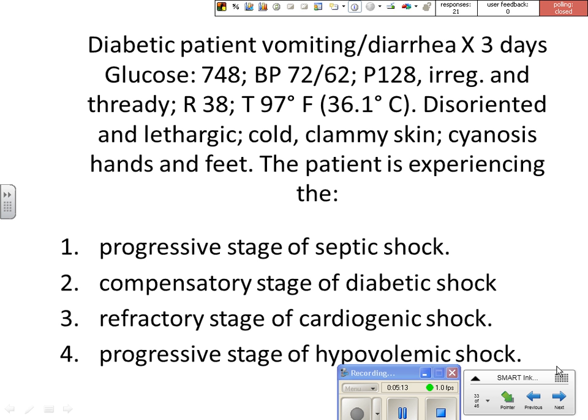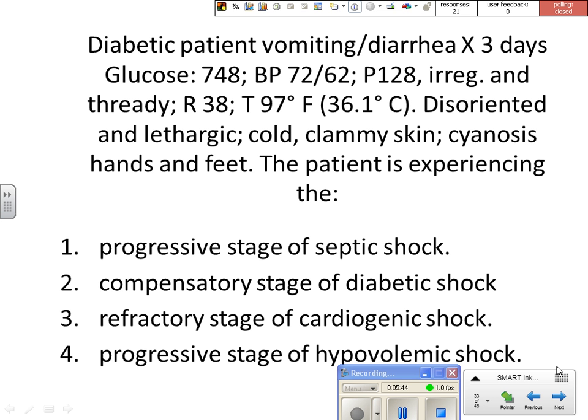So that's one way that you can answer the question, is to eliminate the types of shock that don't fit the clinical picture. Or you can look at the clinical picture, the vital signs and everything else, and say, okay, would these vital signs indicate the progressive or non-compensatory phase? Really severe. Are they compensating or are they decompensating?